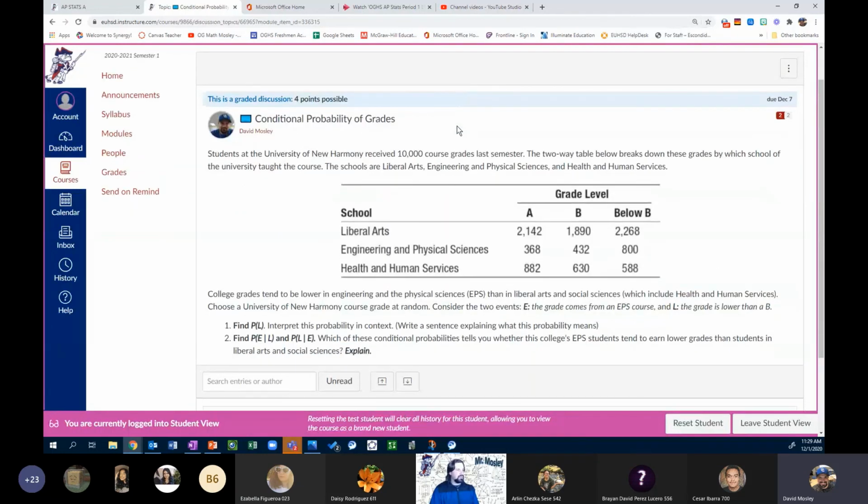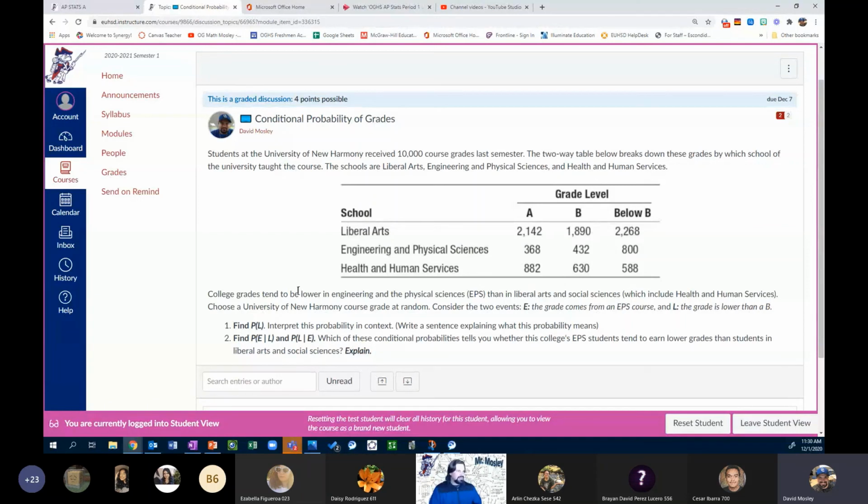Students of the University of New Harmony received 10,000 course grades last semester. The two-way table below breaks down these grades by which school of the university taught the course. Schools of liberal arts, engineering and physical sciences, and health and human services. So we have this two-way table representing the school and the grade level.